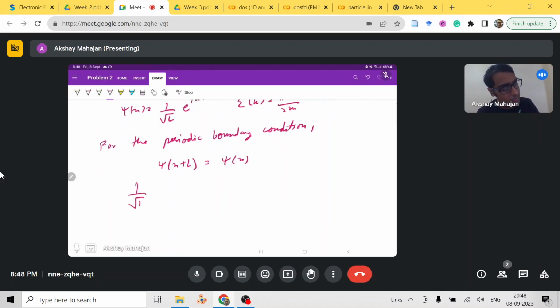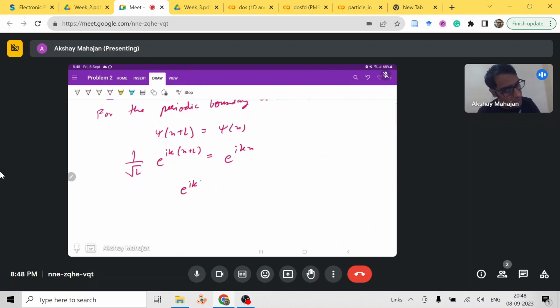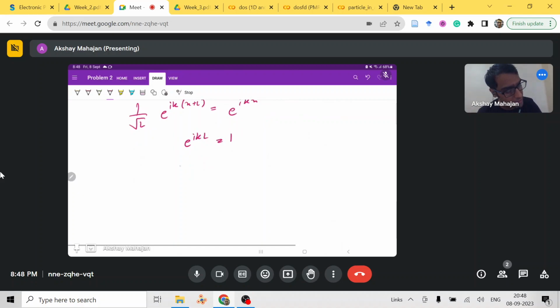You can again write e to the power iota k times x plus L has to be equal to e to the power iota kx. So e to the power iota kL has to be equal to 1. That means kL has to be equal to 2n pi, and k will be equal to 2n pi by L. Right? This we have derived.